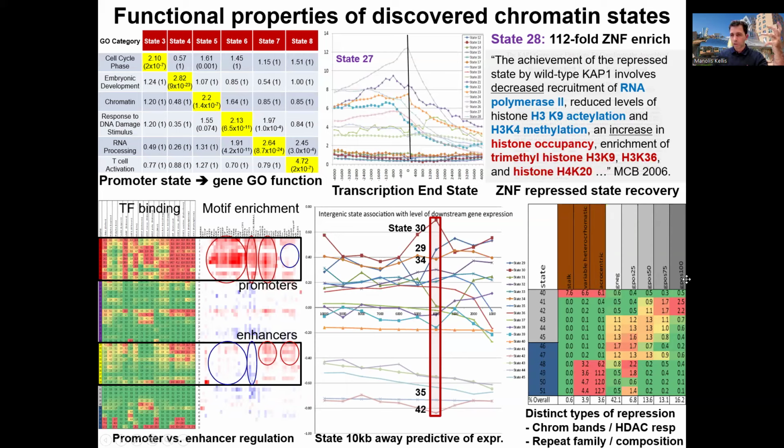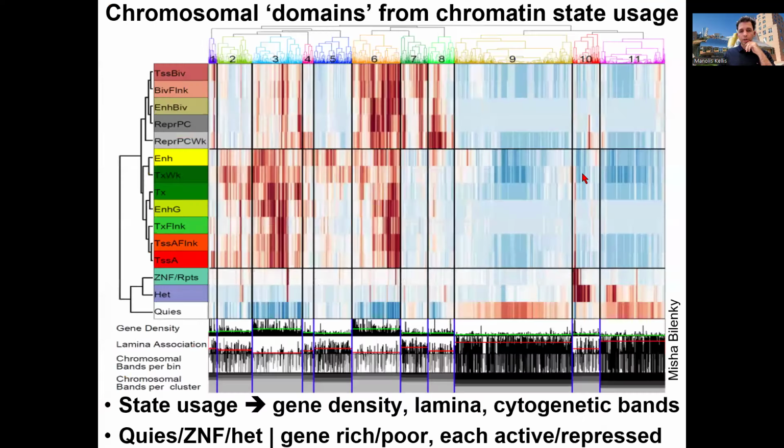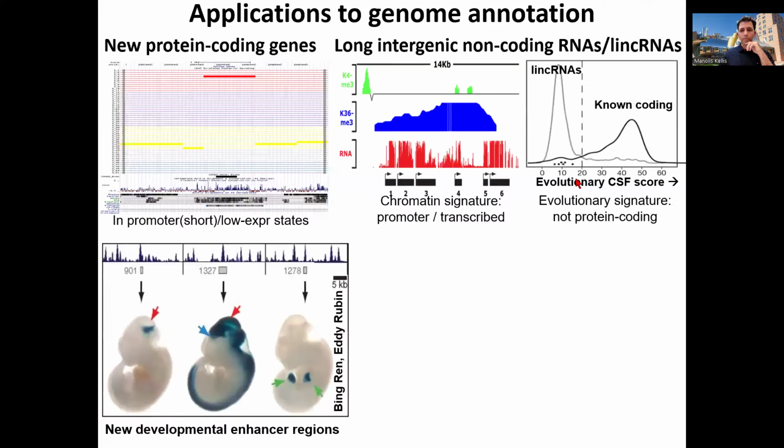In fact, they associated with different chromosomal bands. And when you stain chromosomes, you see that some regions stain more darkly than others. And those are actually associated with different histone modification marks. Okay. You could also see that these states show distinct methylation, distinct DNA accessibility, distinct transcription, distinct acetylation, and so on and so forth.